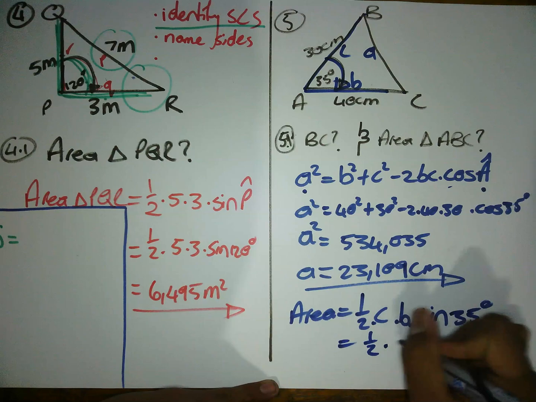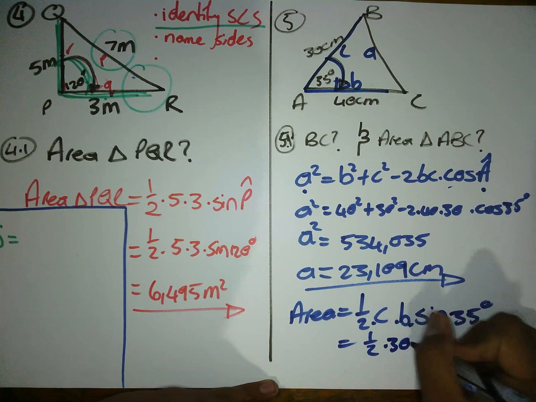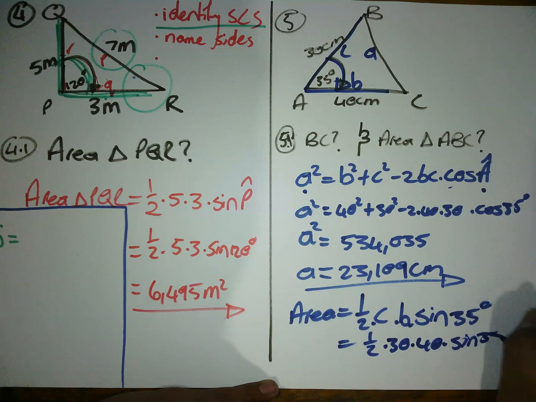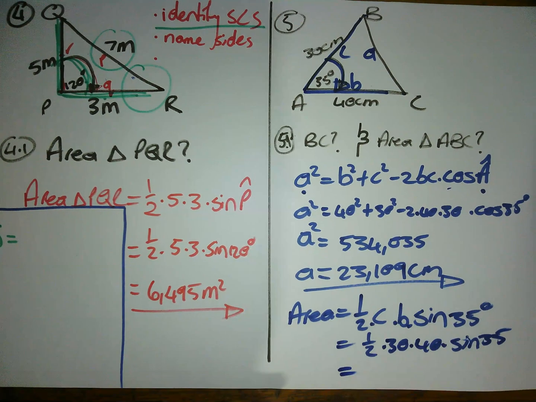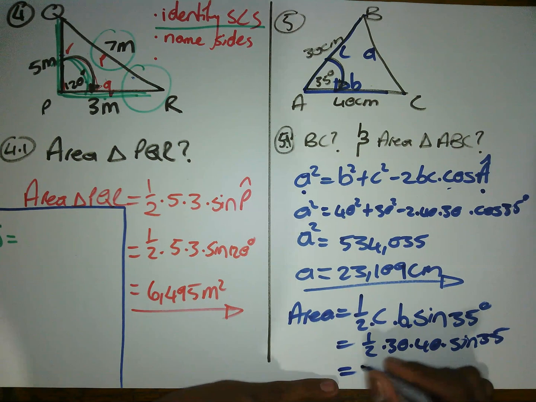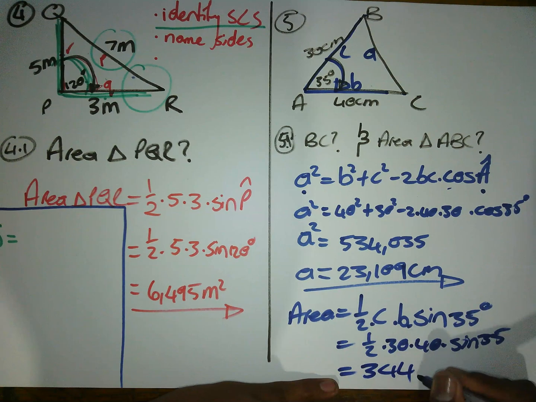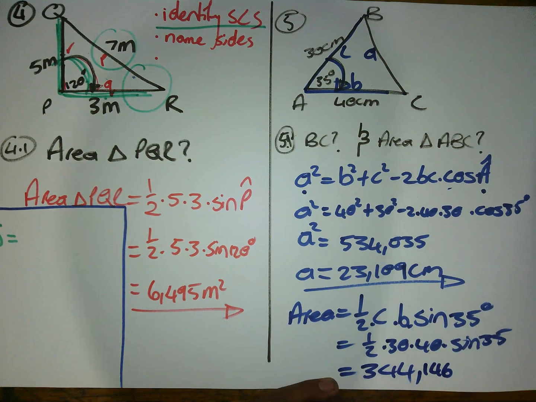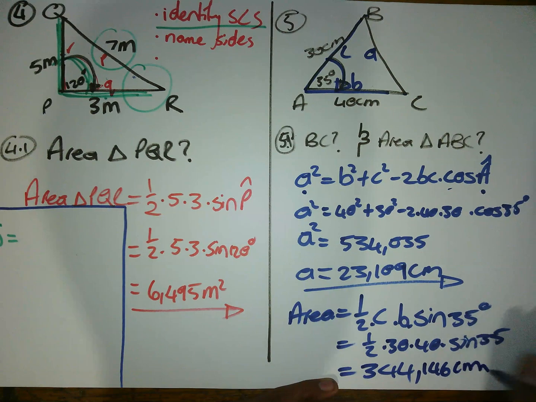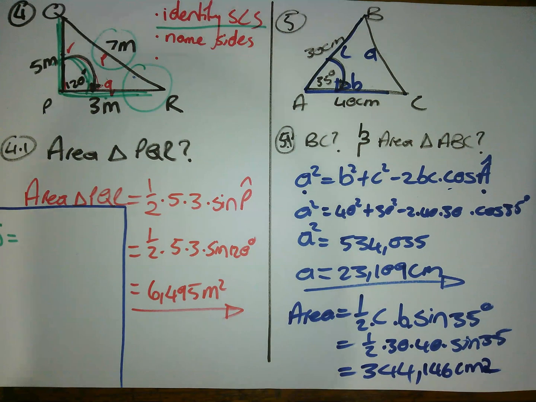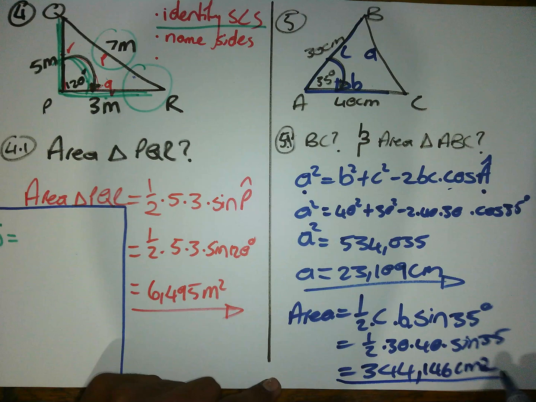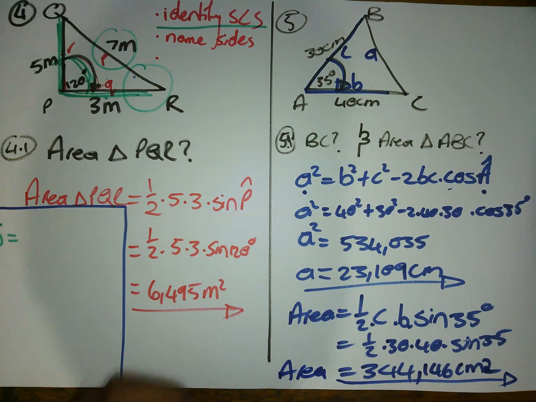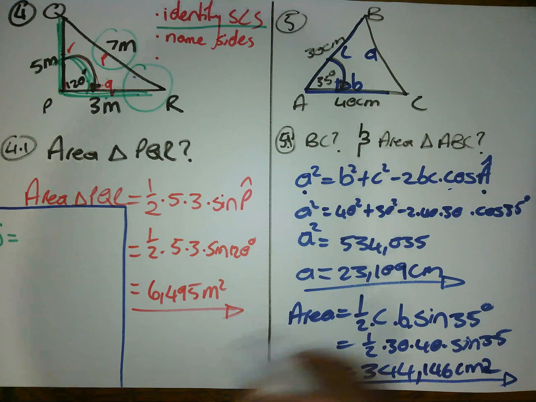So side C is 30, side B is 40, sine 35. My area is equal to 344.146 centimeters squared. Once you know the formulas, it's just substituting.